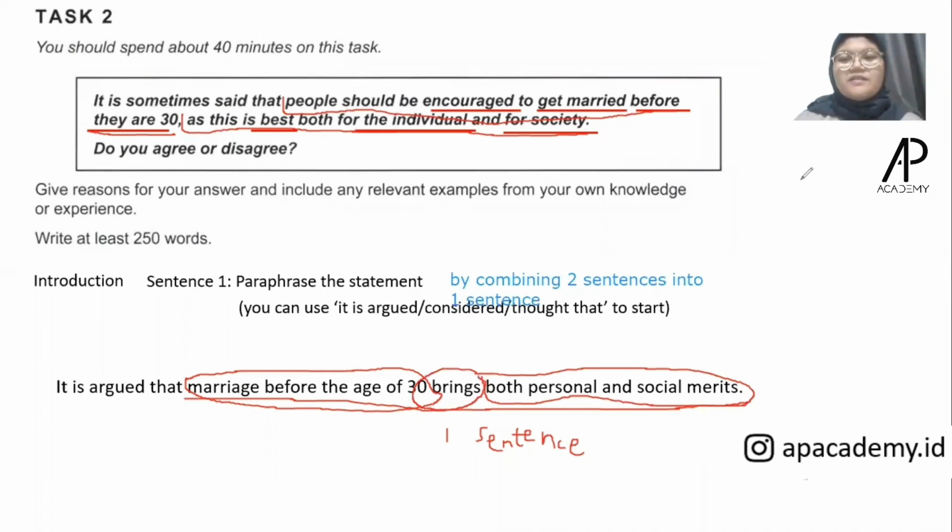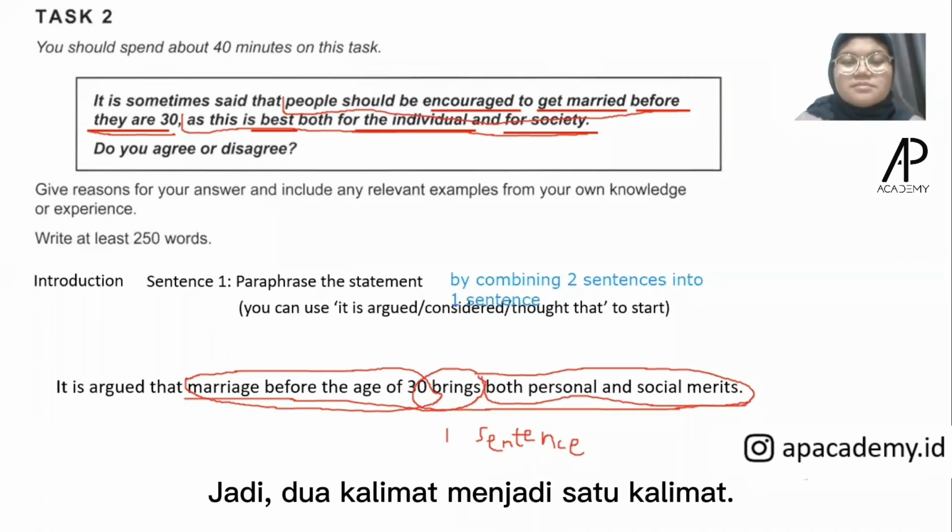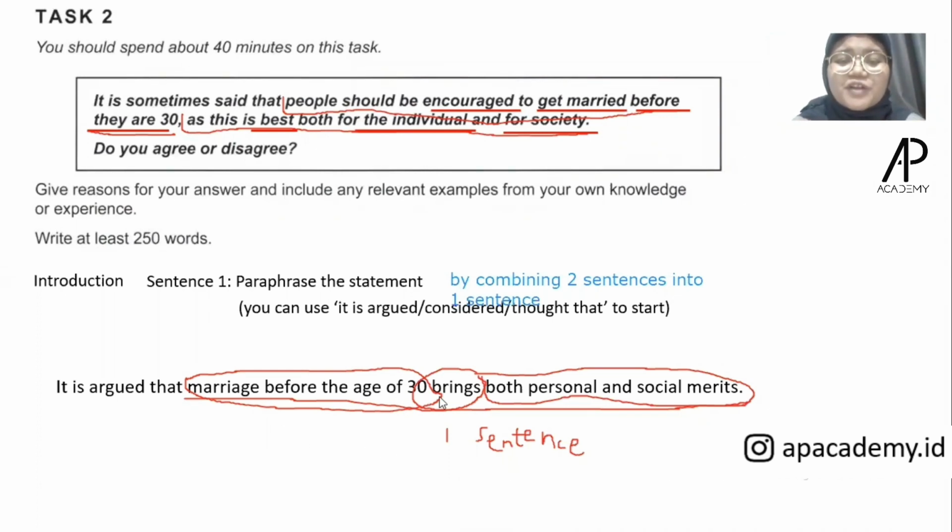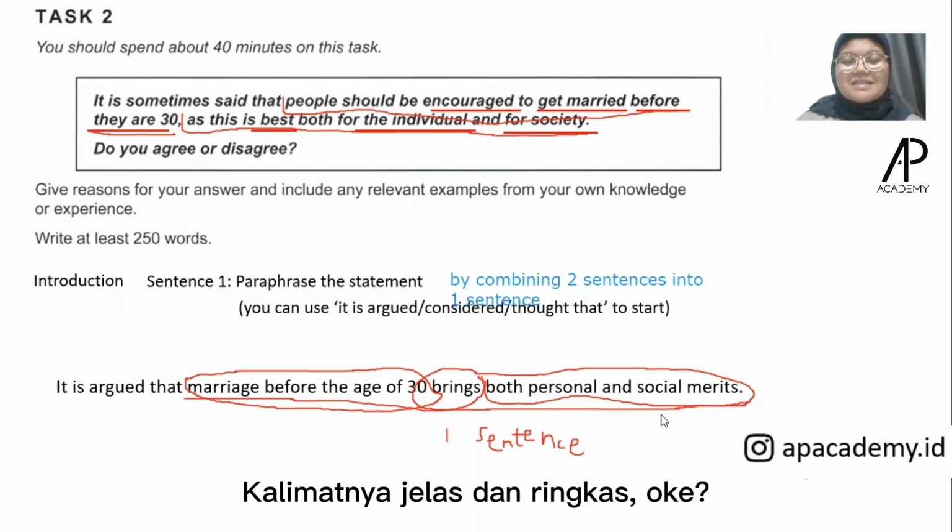Yes. So, two sentences become one sentence. Marriage before the age of 30 brings both personal and social merits. It's a clear and compact sentence.